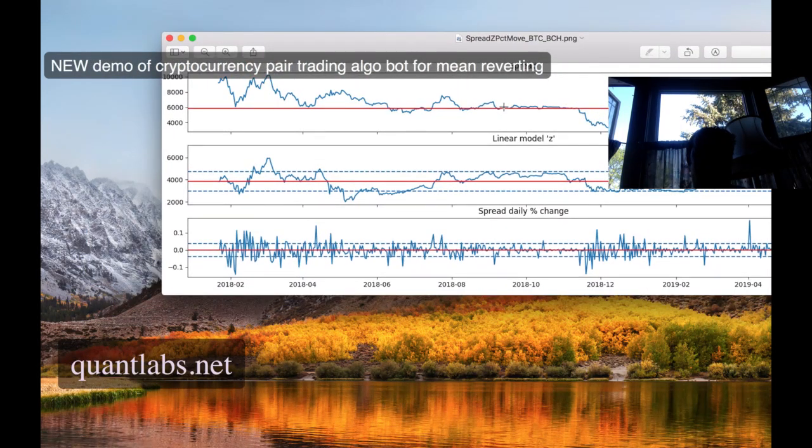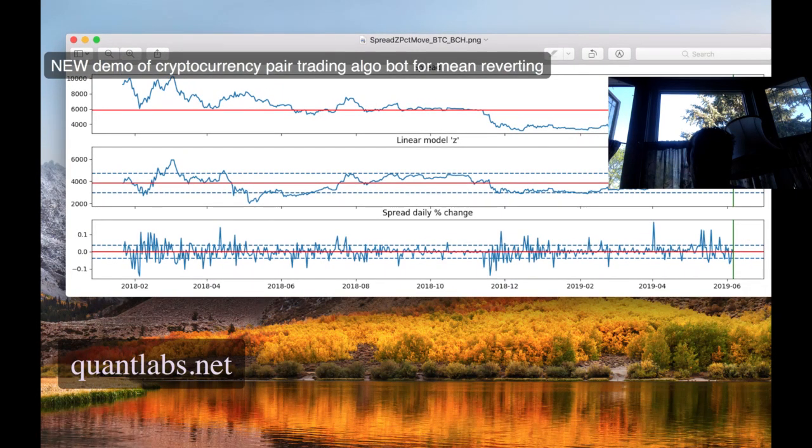So again, we have the raw spread between Bitcoin and Bitcoin Cash. This is, if you know about the Z-score, right here. So this is what you really pay attention to. And this is the percent moves each day over the spread, the averaging, which you can see here.